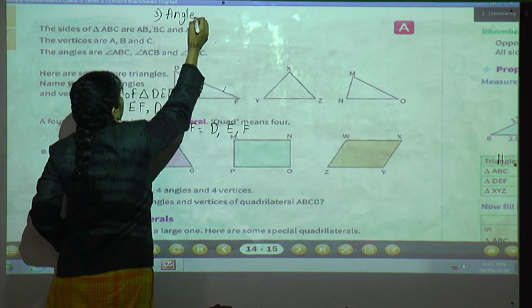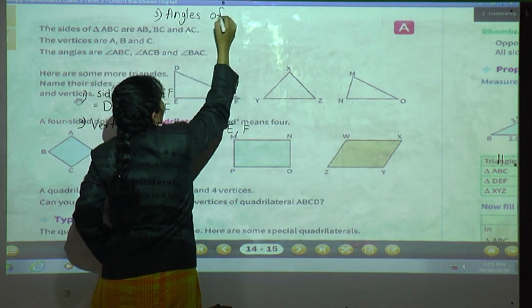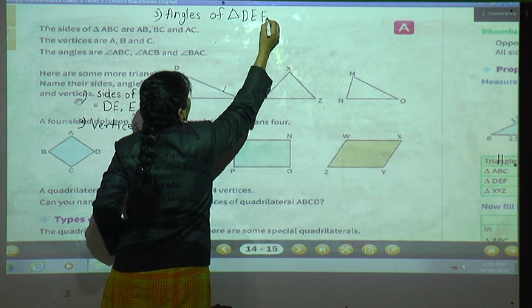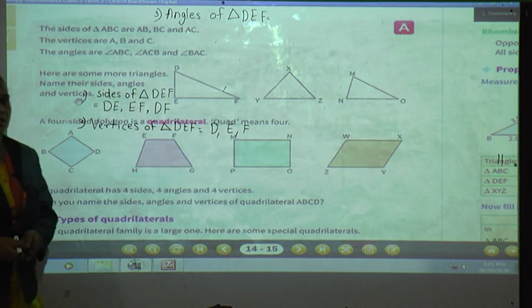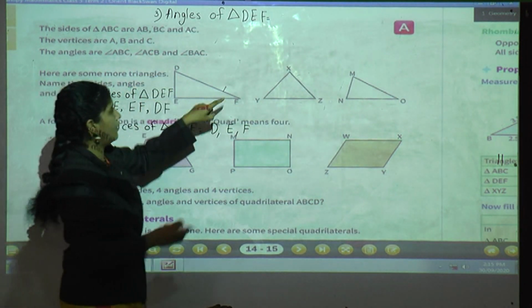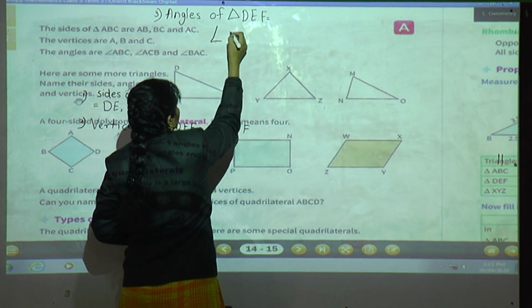Angles of triangle DEF are, what students tell me? First one is angle DEF.